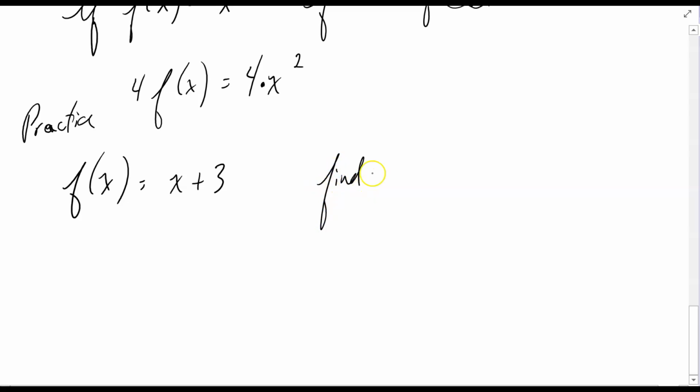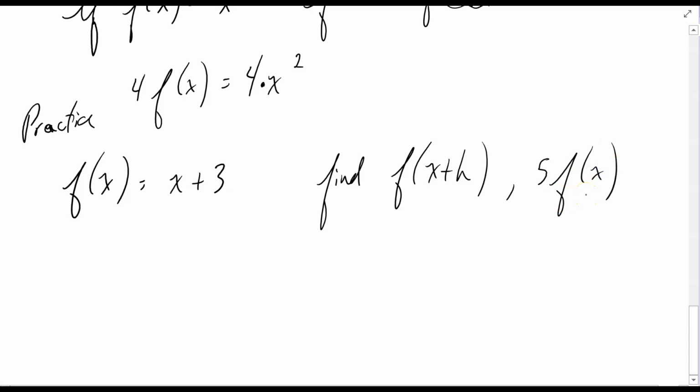Find f of x plus h. Find 5f of x. Pause the video and give those a try.